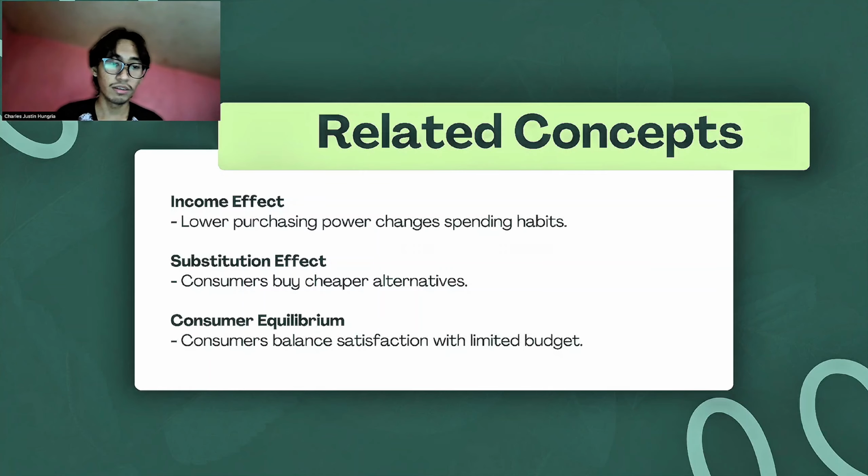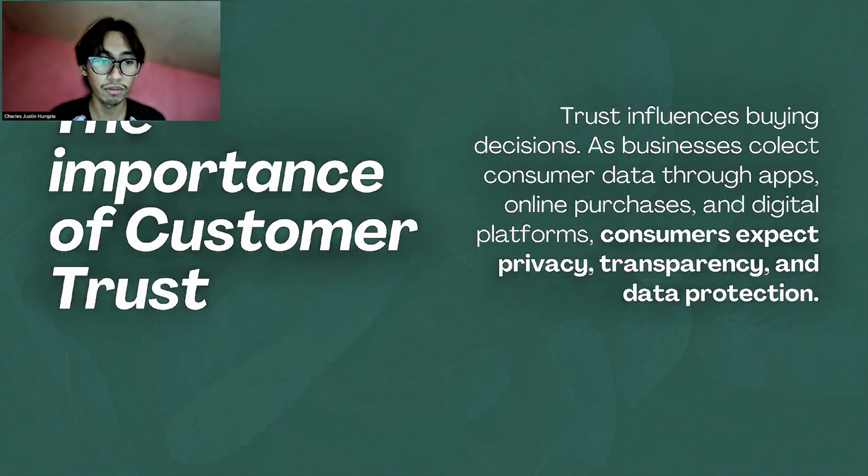So next one is privacy and consumer trust. Another important issue discussed in the article is consumer privacy. Today, businesses collect massive amounts of consumer data. However, consumers are becoming more aware of privacy rights, data protection, and digital security.